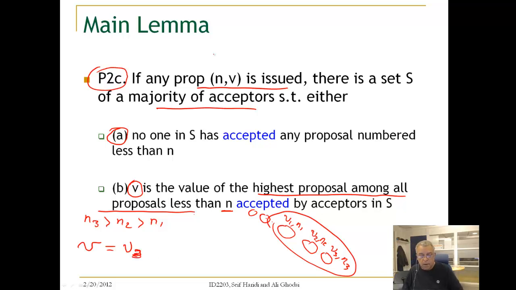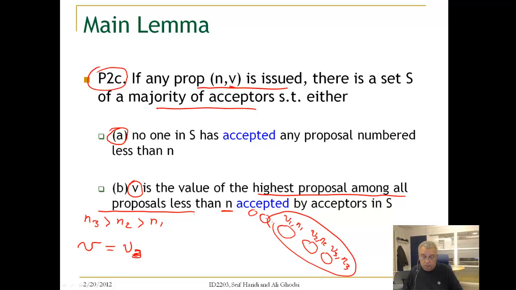So we want to guarantee that if a proposal issues a proposal with value v, it will be the value of the one with the highest proposal number in a majority of acceptors.